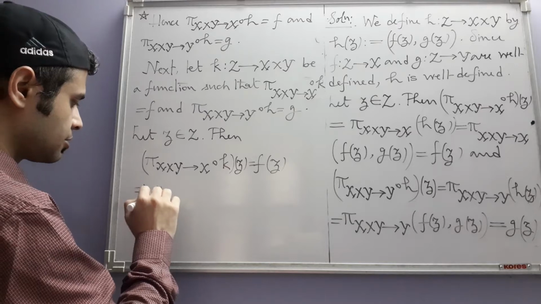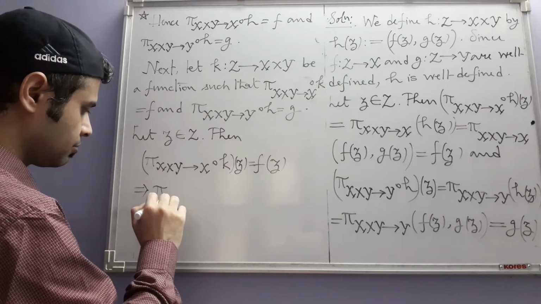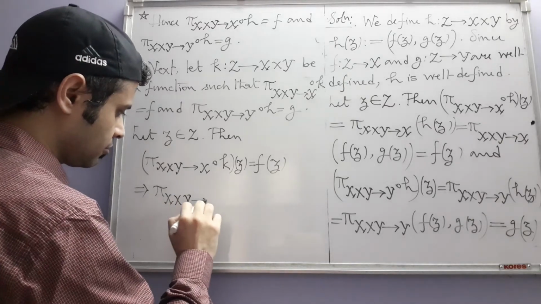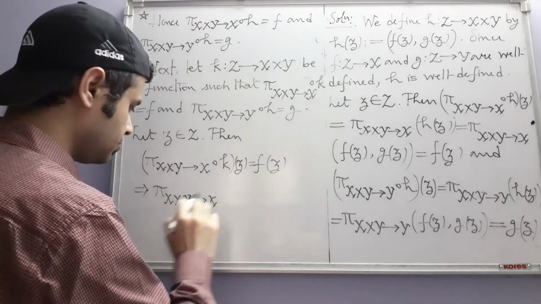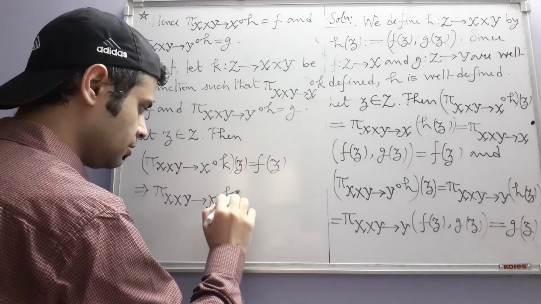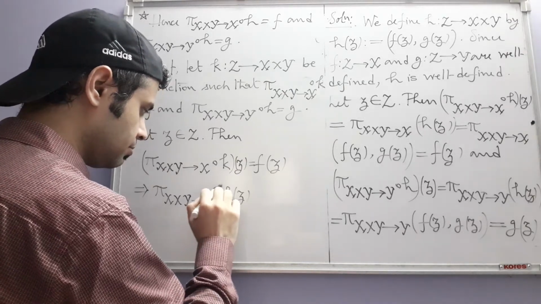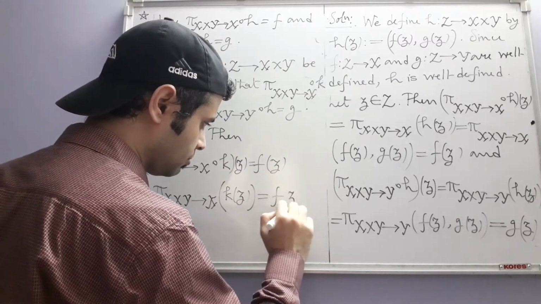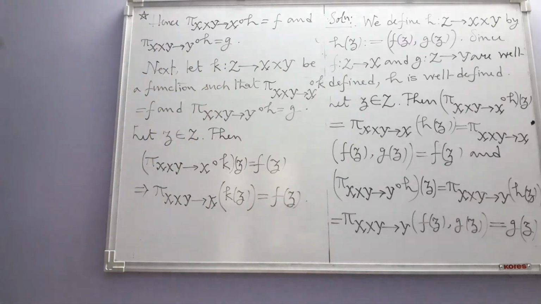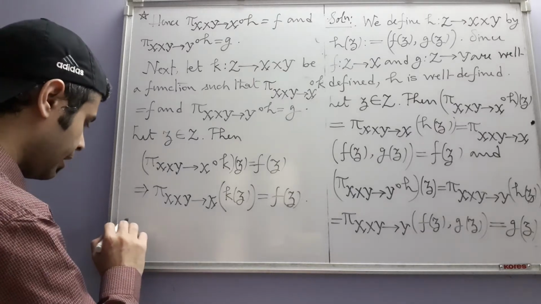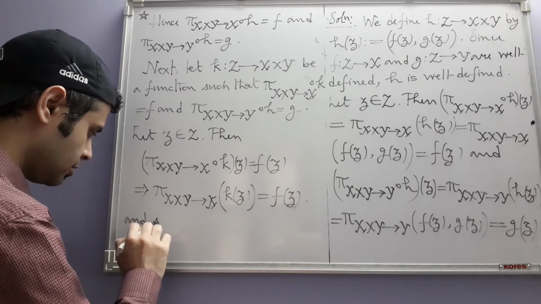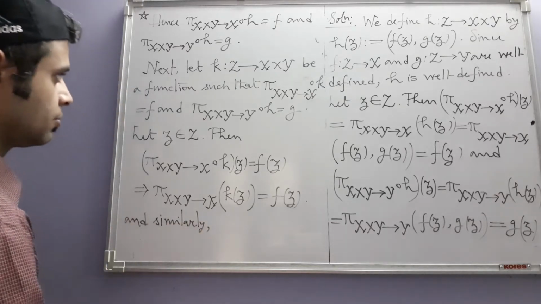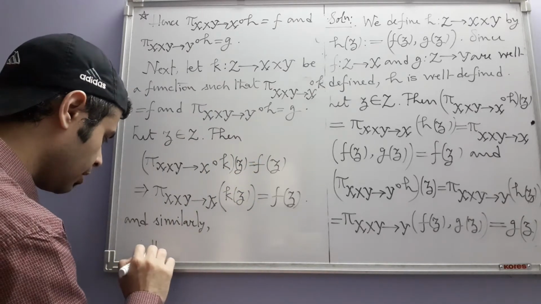Now this turns out to be equal to the projection to X of K of z, which is equal to F of z. And similarly, from the second equation we will have this.